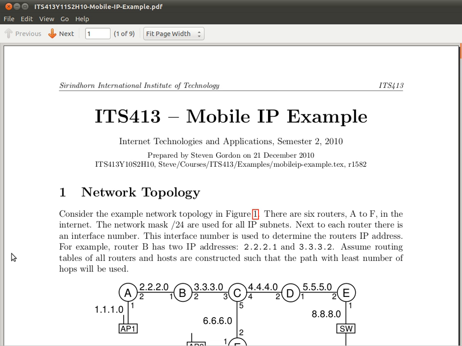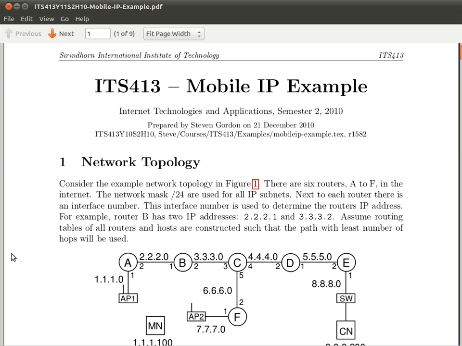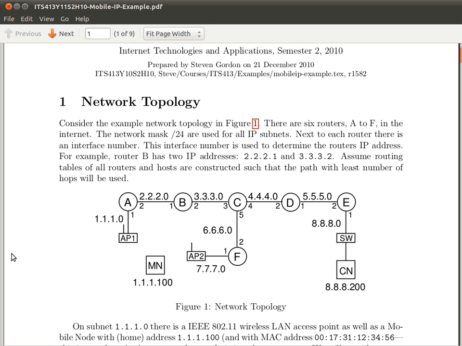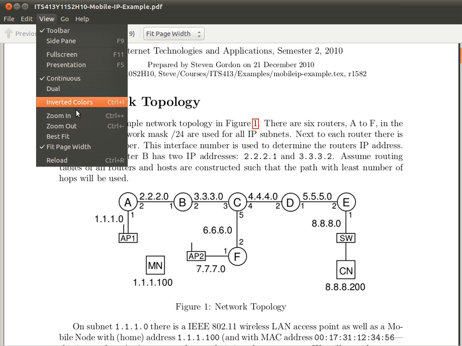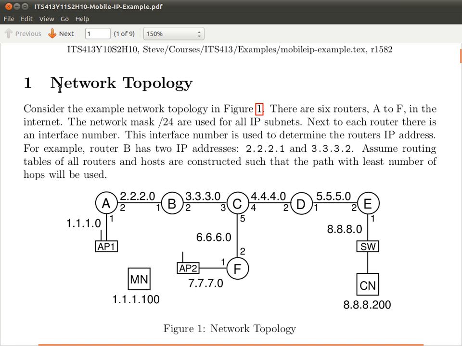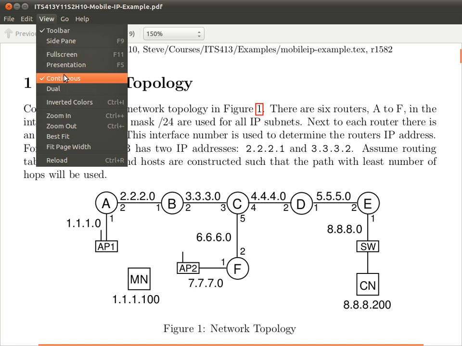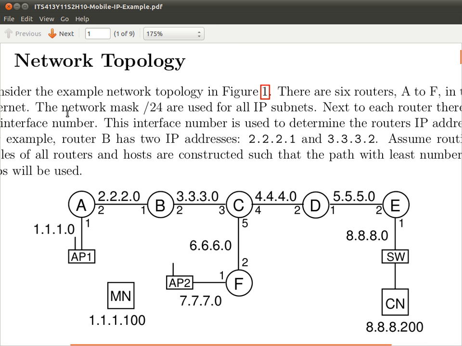I will leave the network diagram up on the board so we can refer to that, so I don't have to draw it again. Let's zoom in. That's our network scenario, or our network topology in this example.